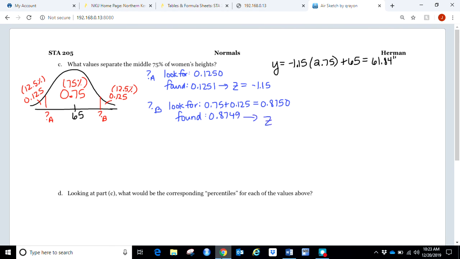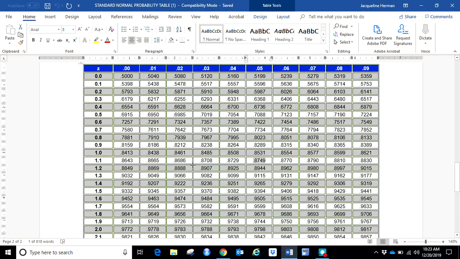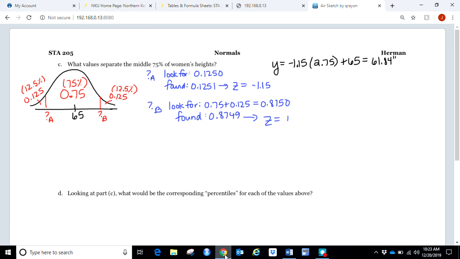And what does that correspond to for a z-score? Well, my row is positive 1.1 and my column is the 0.05. So putting those together, we're going to get a positive 1.15.